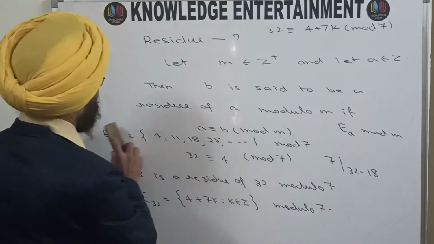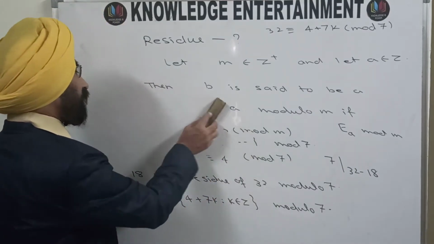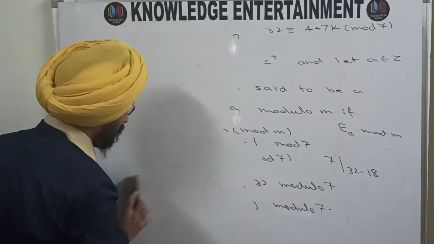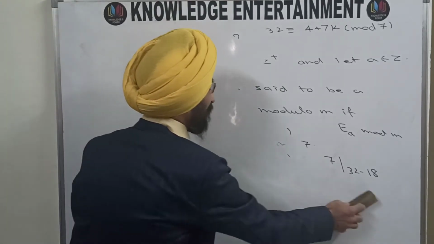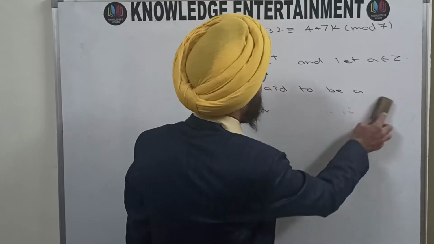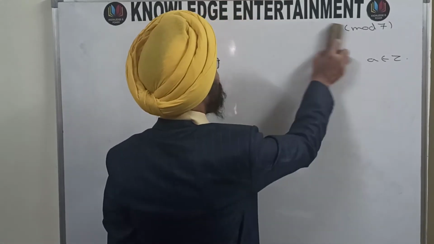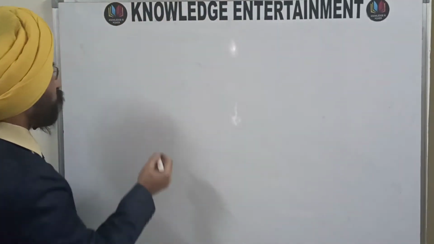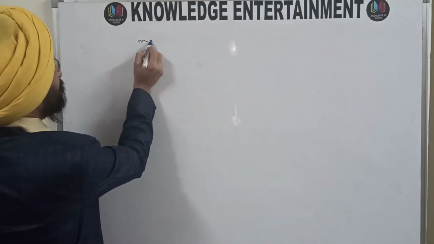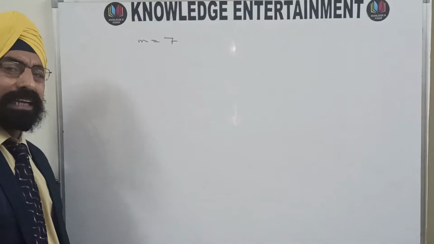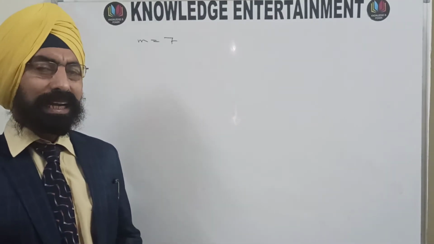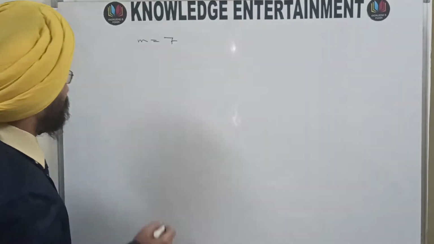Secondly, if you are working with modulo m, then there will be exactly m residue classes. Suppose your m is 7, then how many residue classes will there be? Exactly 7. And which classes are these?